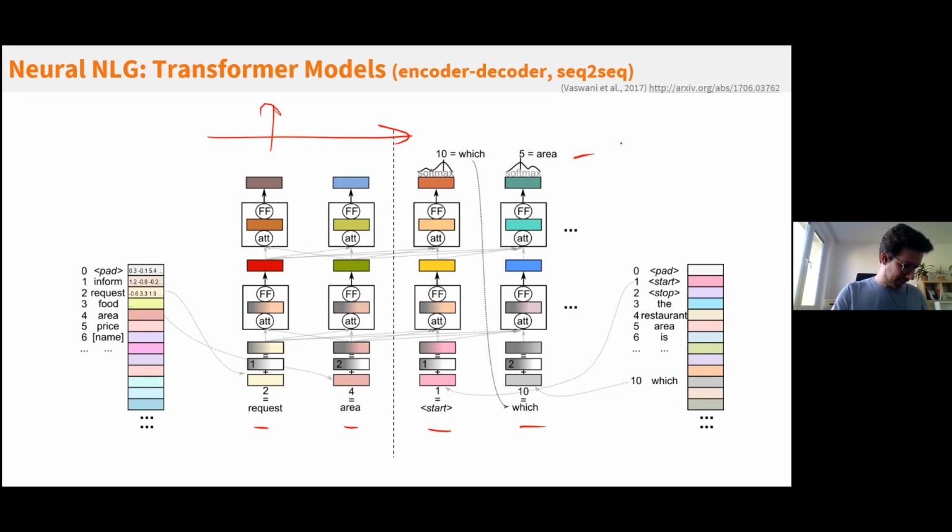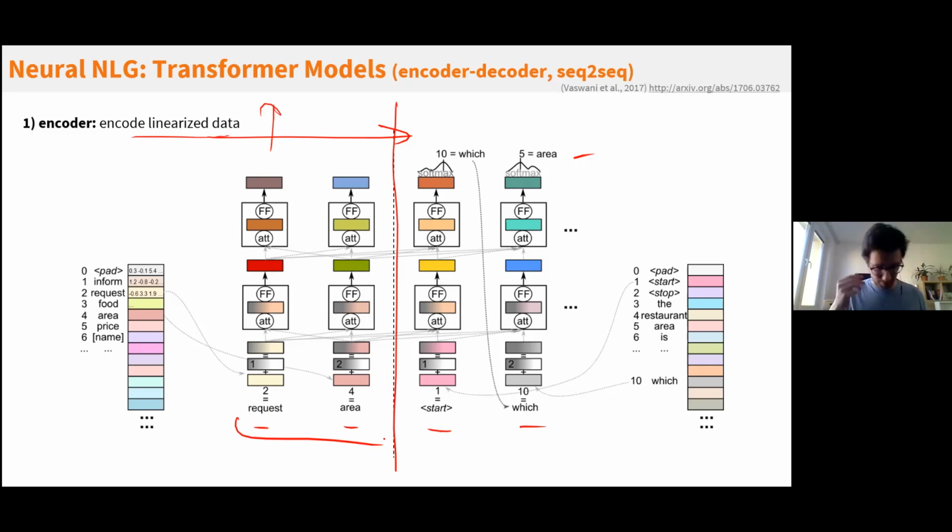But let me just talk you through the diagram a little bit. The first part of the network is called the encoder. That takes your input data, the RDF triples or whatever you start with, that you linearize into some kind of a sequence. So here it's the simplest sequence that I could think of, and you encode it.